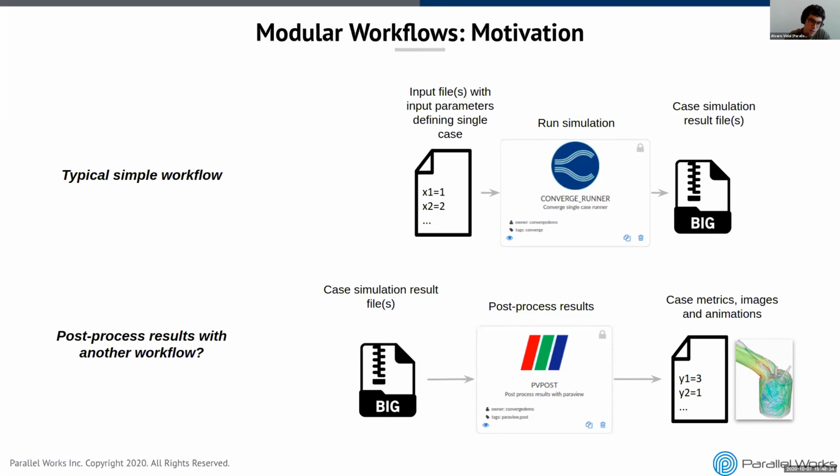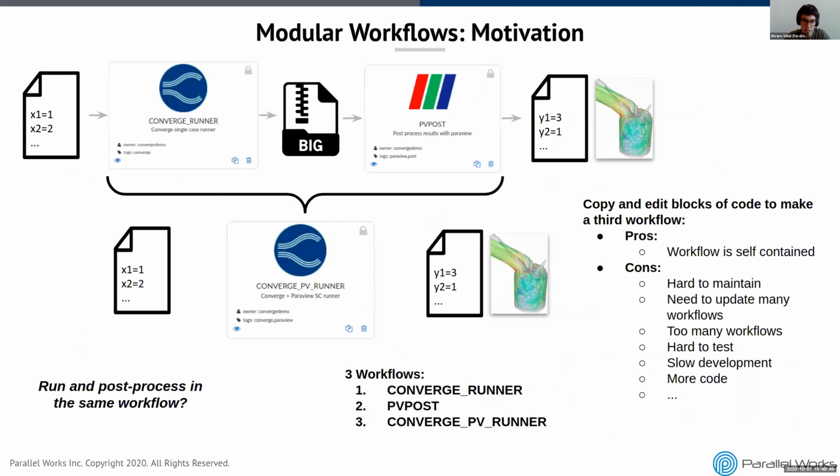And sometimes you would want to post-process these results with another workflow. For this, you can use the Paraview post-processor workflow that will take these results and extract metrics, images, and animations. So sometimes you want to run and post-process in the same workflow.